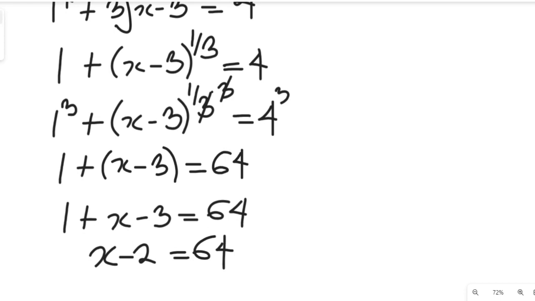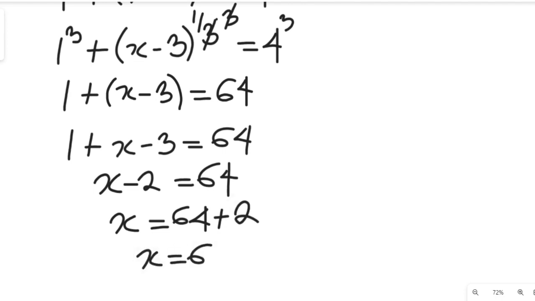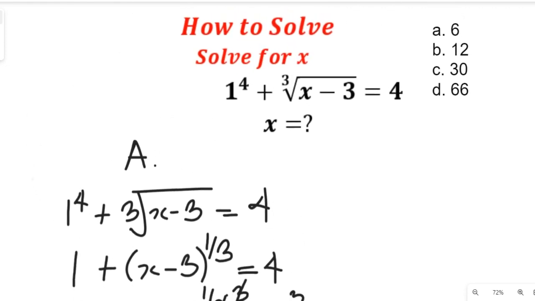So, student A added 2 to both sides, and that gives x equal to 64 plus 2, and our x now becomes 66. Is student A's answer in the options? Of course, yes, that's option D.